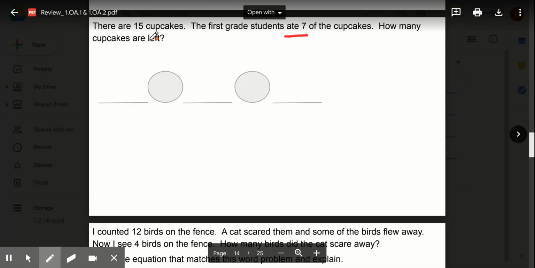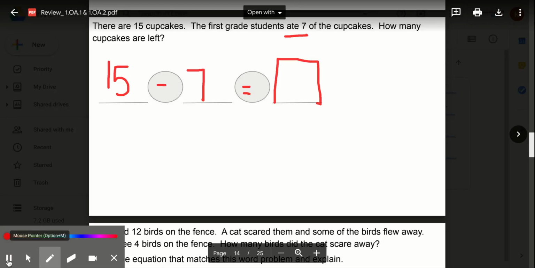There are 15 cupcakes. The first grade students ate 7 of them. Goodbye, 7. How many cupcakes are left? That is what I do not know. That is my unknown. So now I want you to pause the video and solve 15 minus 7 using a number bond, your fingers, or a drawing.